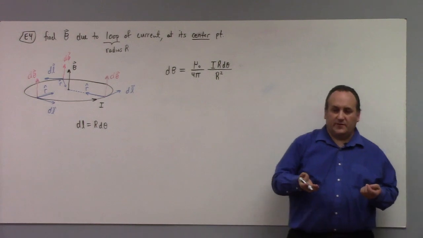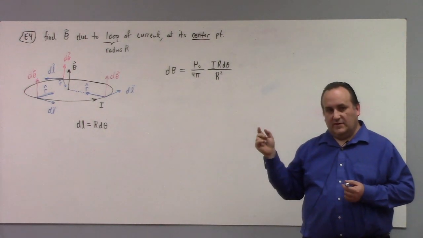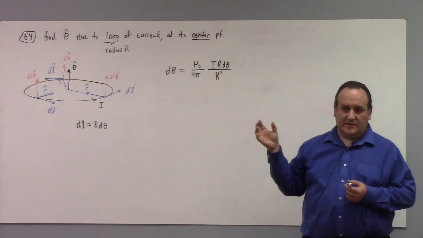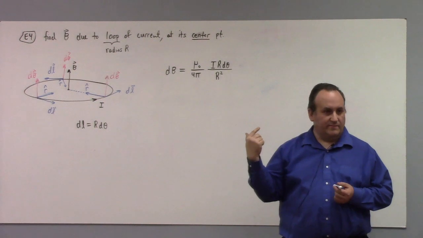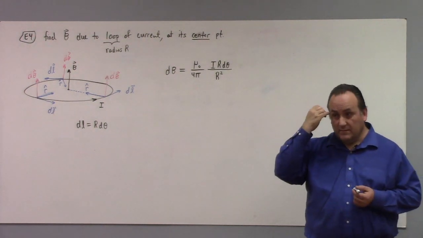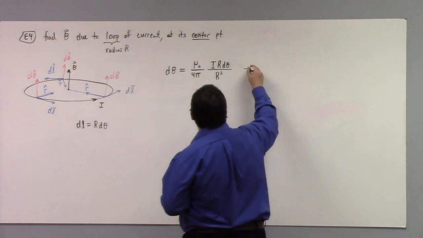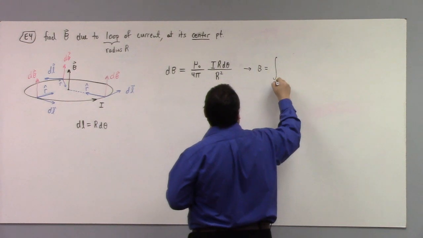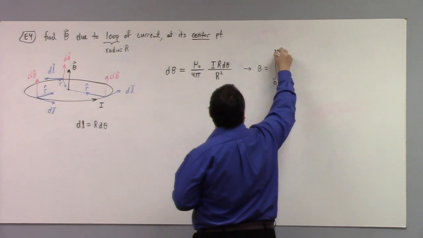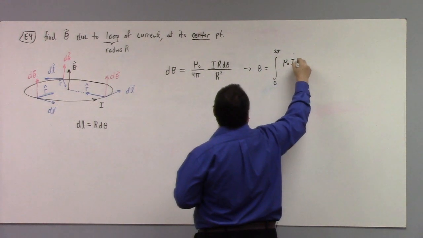Also, there's perfect symmetry for this loop. Every bit of the loop is contributing the same amount of magnetic field as any other part. There's perfect symmetry all the way around, so the integration here is going to be very easy. The net magnetic field is just going to be the integral from 0 to 2 pi of mu naught I r d theta over 4 pi r squared.